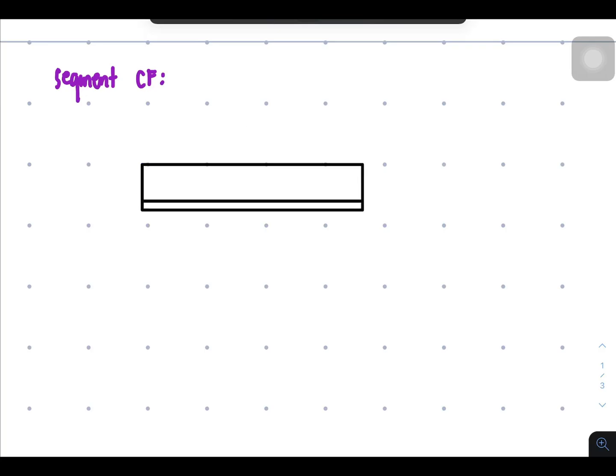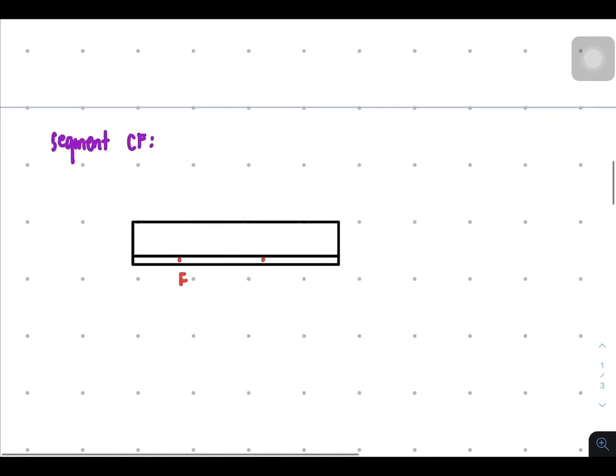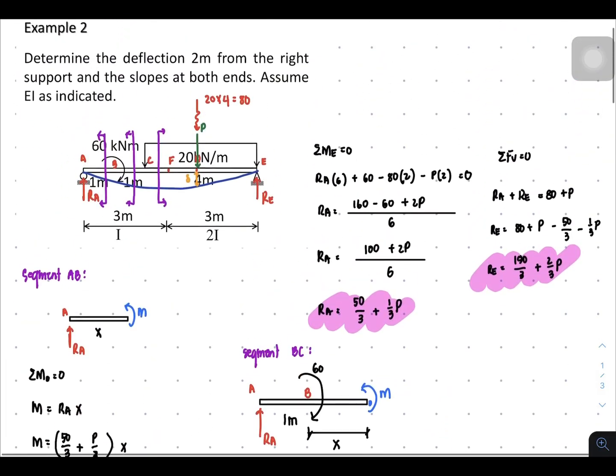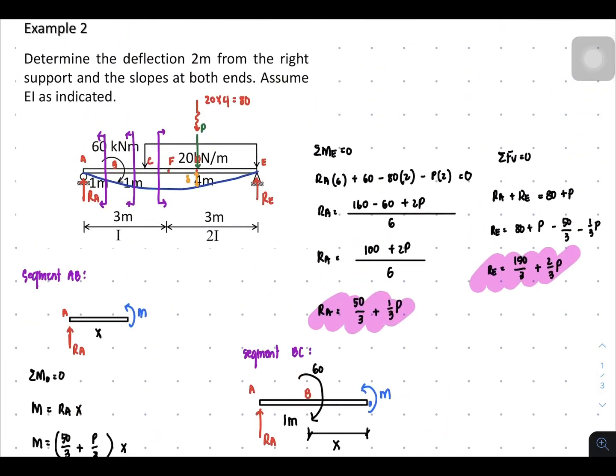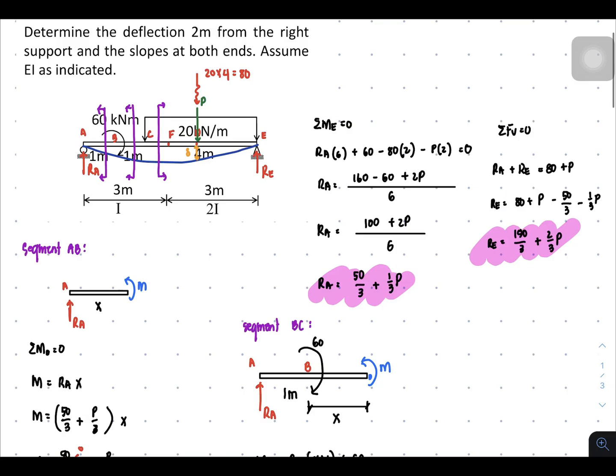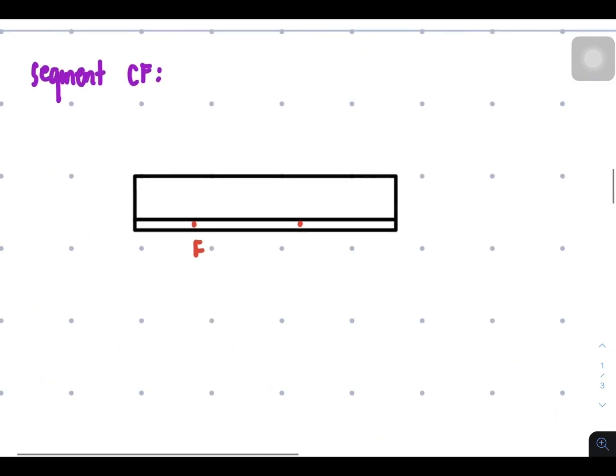So this is point F. This is point, next to F, D, then E. So here, this is D and this is E.